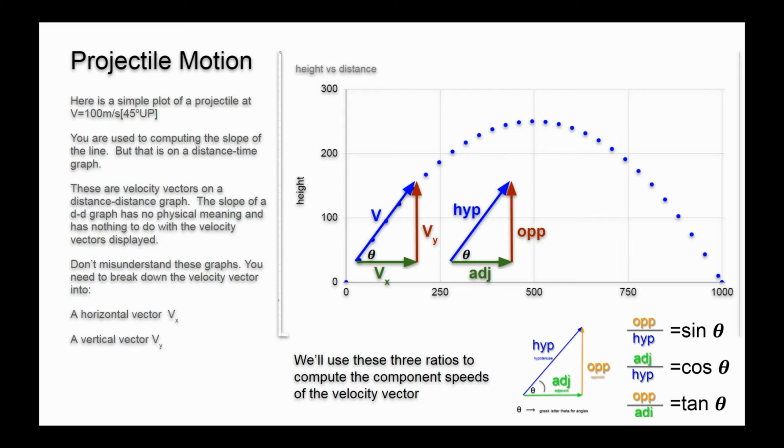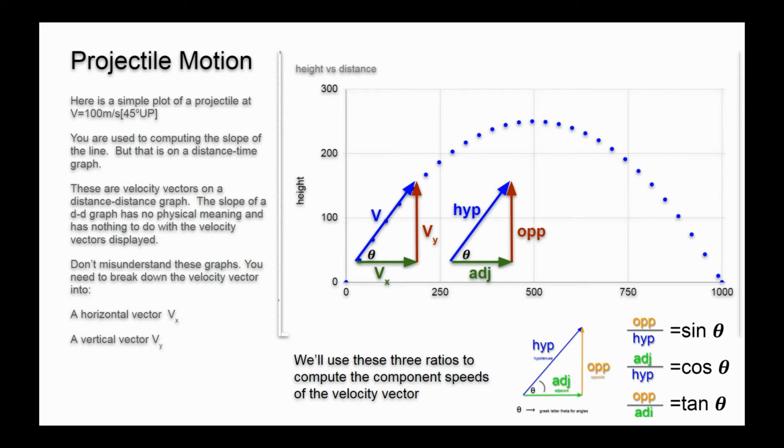So let's try a simple example using this. We're going to fire a projectile at 100 meters a second, 45 degrees up. You are used to computing the slope of the line, but that is on a distance time graph. These are velocity vectors on a distance graph. The slope of a DD graph has no physical meaning and has nothing to do with the velocity vectors displayed. Don't misunderstand these graphs.